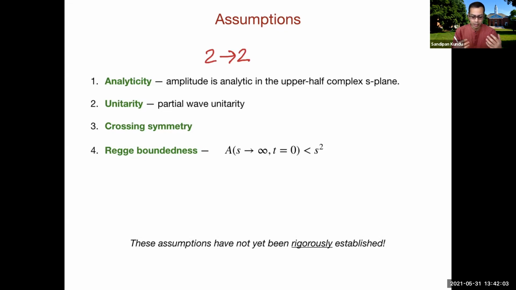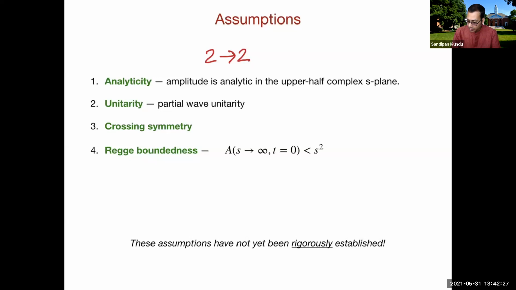Also, it's assumed unitarity. When I say unitarity, I basically mean that the partial wave expansion has the right positivity condition. Also, the amplitude is crossing symmetric, and there is a requirement about how fast the Regge amplitude can grow.